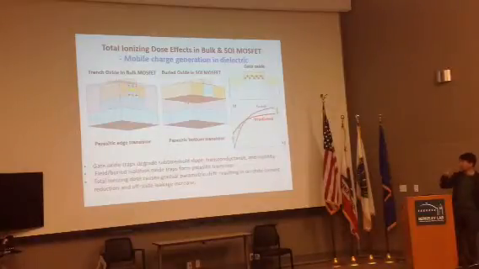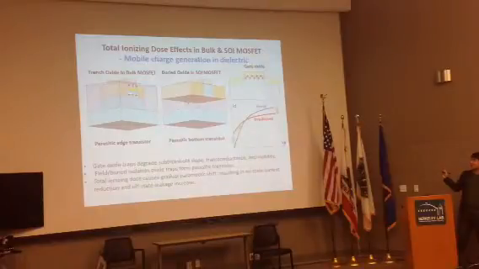This slide shows the aging. I explained that there's another type of error, which is cumulative error. As time goes by, positive charges can build up inside the dielectric.